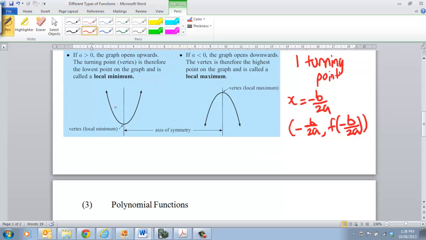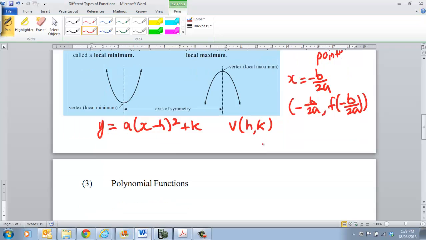Or the other way of looking at that was to look at your y is equal to some value a(x minus h) squared plus k, and remembering our vertex point there was (h, k). Alright, so you might want to do a little bit of revision of what we did last term in regards to that concept.